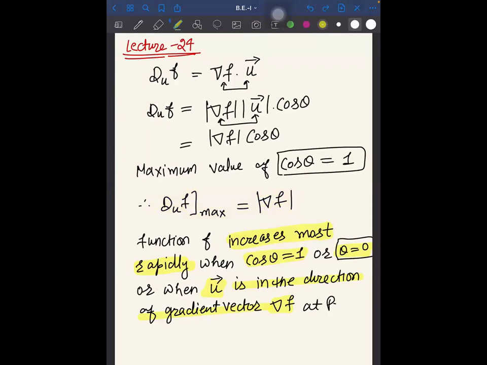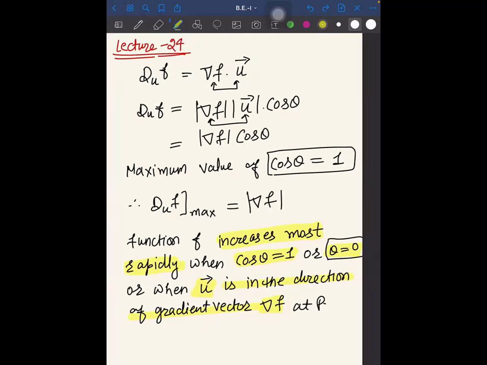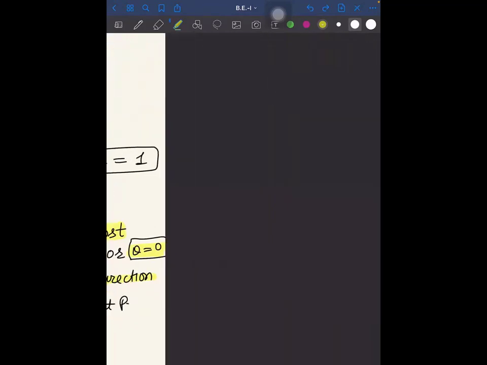Right? So, can you tell me what is the most rapid direction of decrease? In which direction will f decrease the most? When theta is equal to 180 degrees.